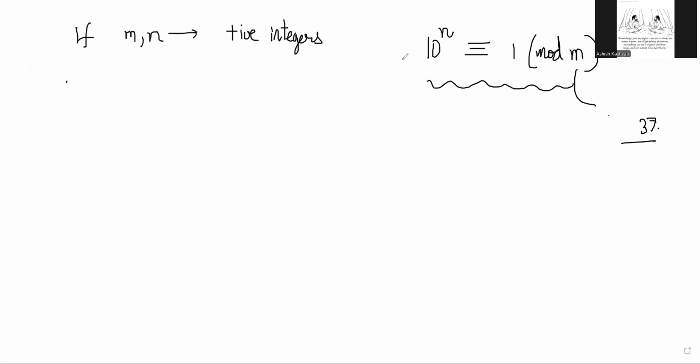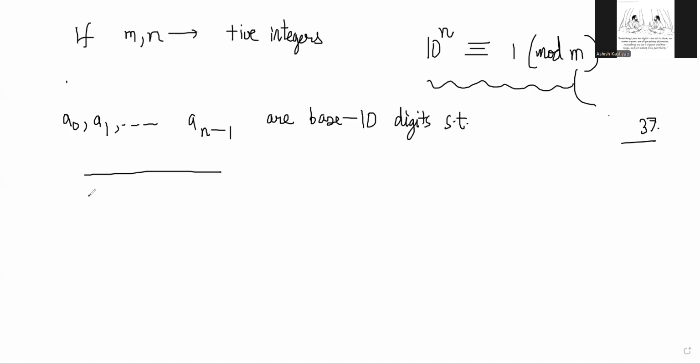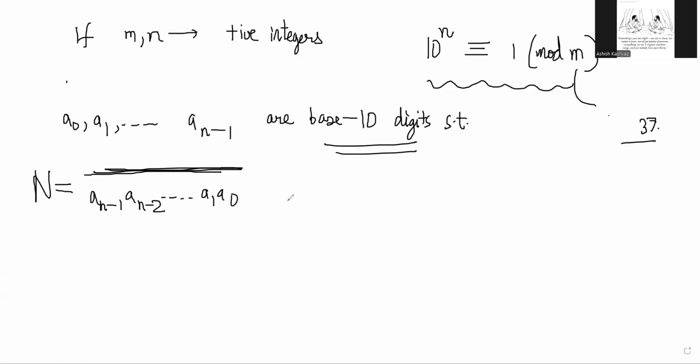So now we can say that if you have a0, a1, up to an minus 1 are base 10 digits such that the number, starting from an minus 1, with a0 as the last digit, is this number capital N in base 10, right?